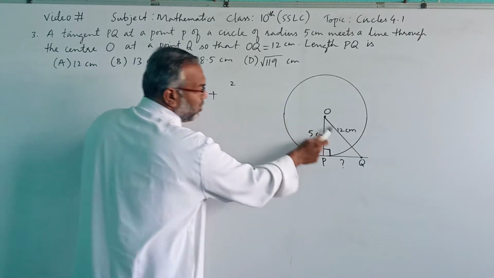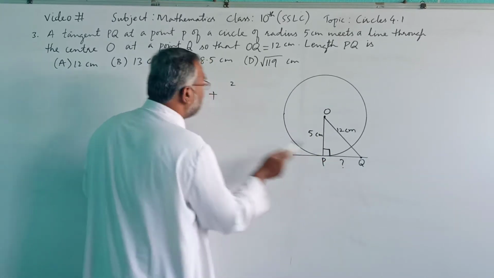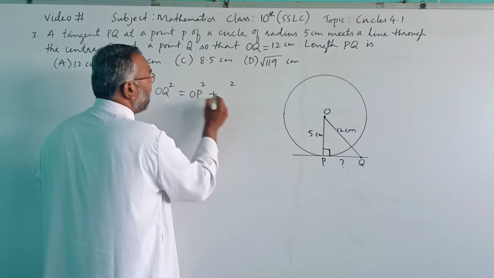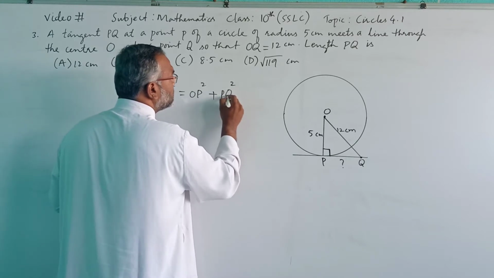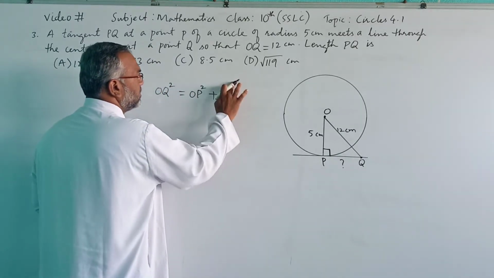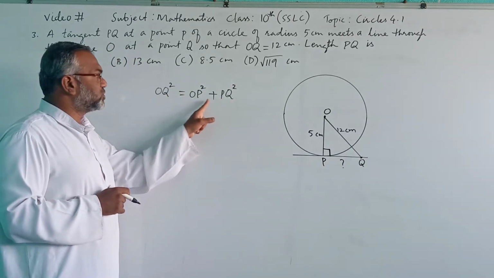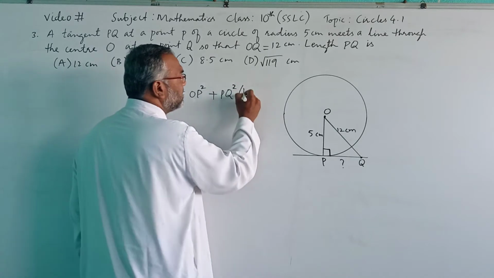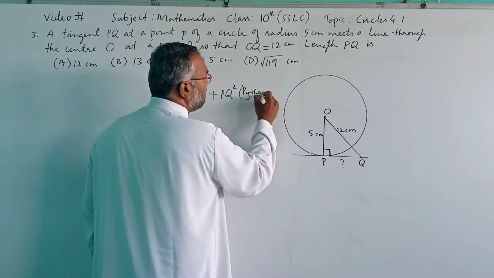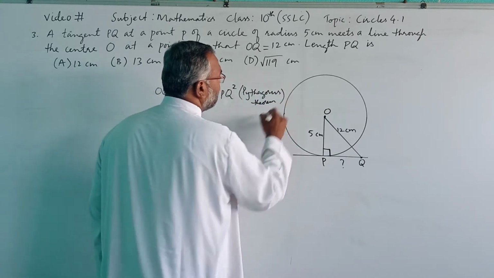Which are the other two sides, except OQ? OP and PQ, right? So OP square and PQ square. We can say that OQ square is equal to OP square plus PQ square. How did we get this? According to the Pythagoras theorem, right?